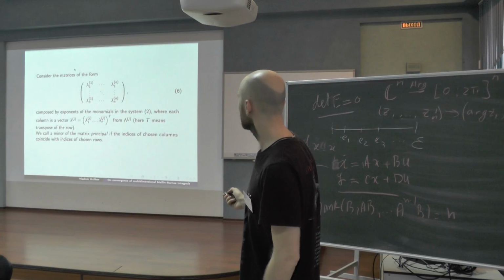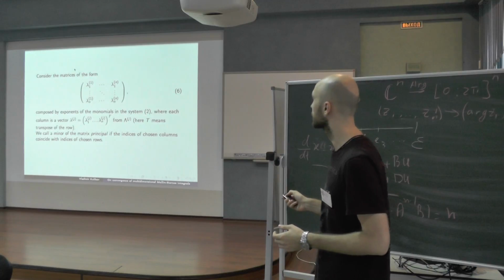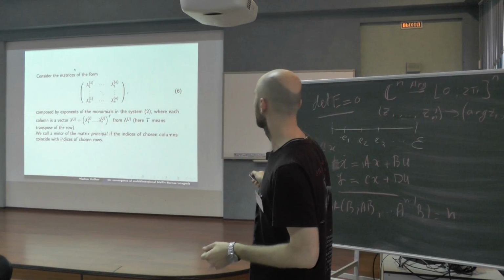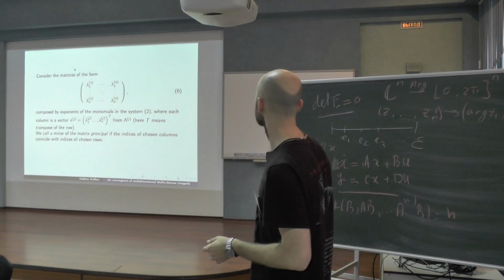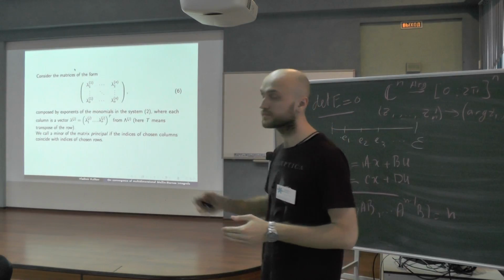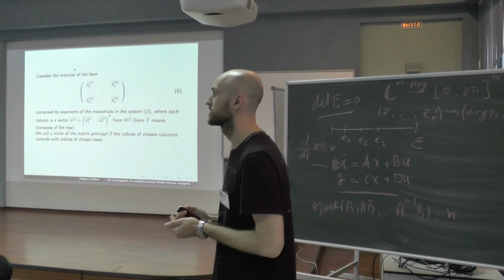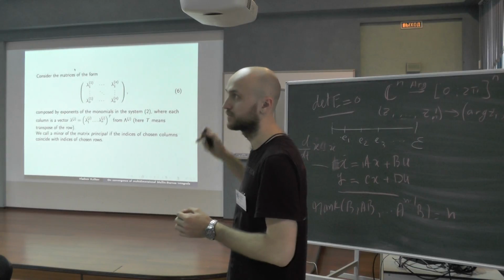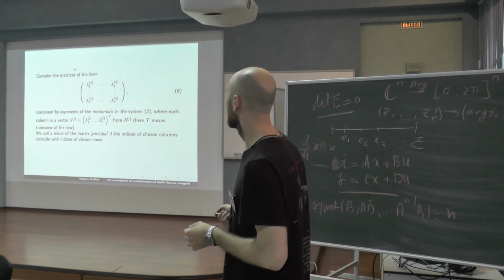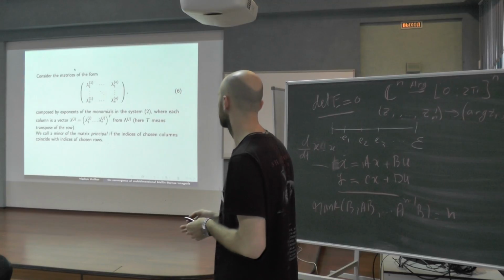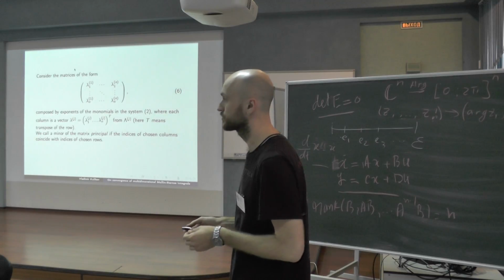And then consider matrices of the form 6. This matrix is composed of exponents of the monomials in system 2, where each column is a vector lambda j from big lambda j. The first column is the exponent of some monomial in the first equation, the second column is the monomial of the second equation, etc. We call a minor of the matrix principal if the indices of chosen columns coincide with the indices of chosen rows.